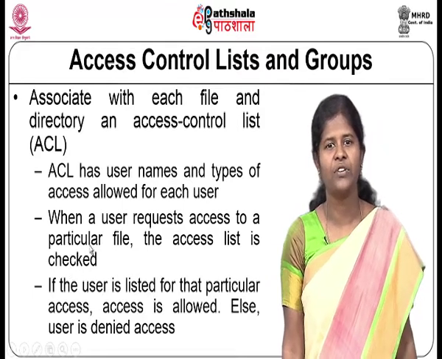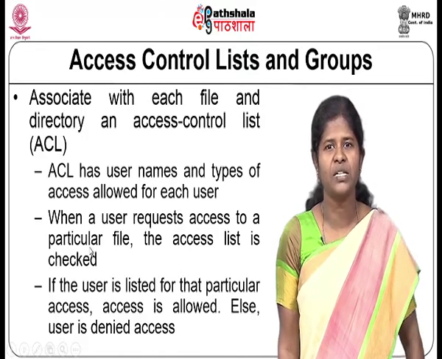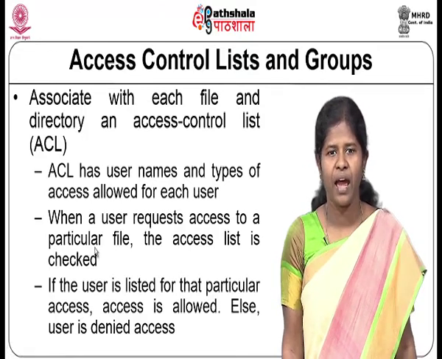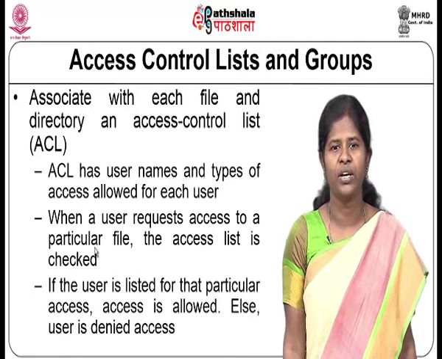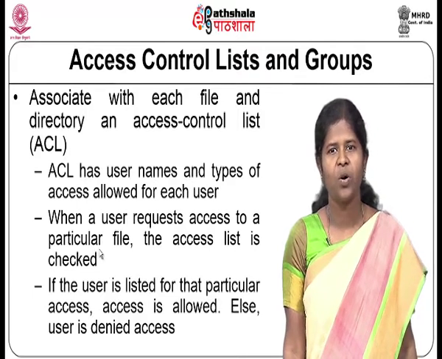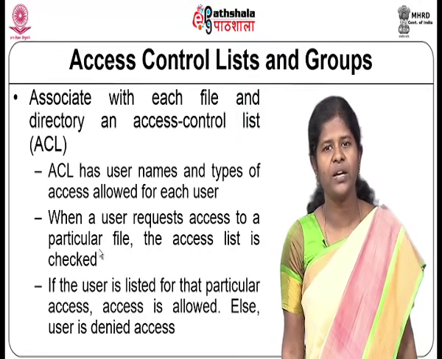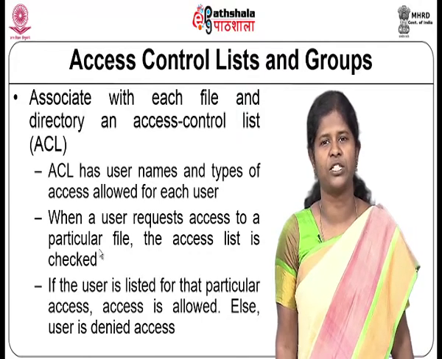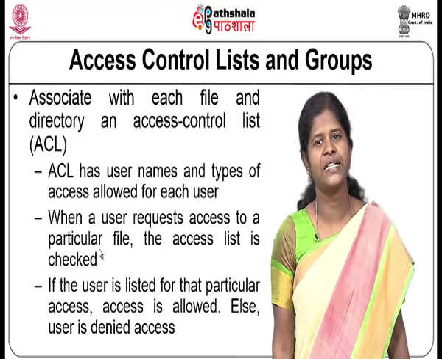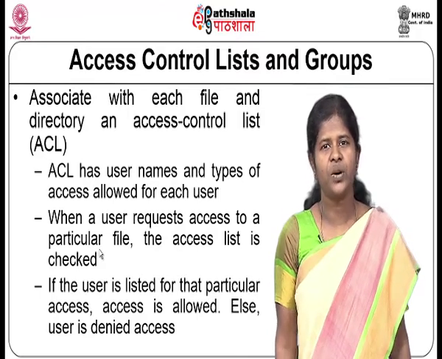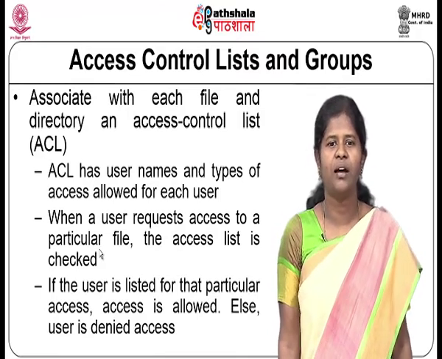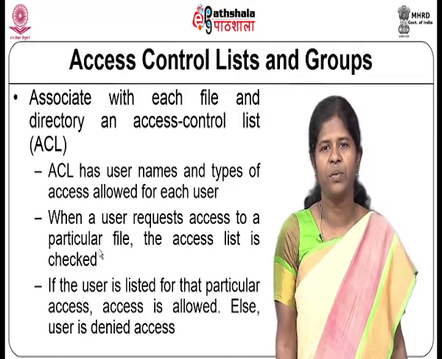It will have the names of the users and the types of access that is allowed for each and every user. Whenever a user is requesting access to a particular file, the access list will first be checked. If that user has the corresponding access, then he will be allowed to access the file.